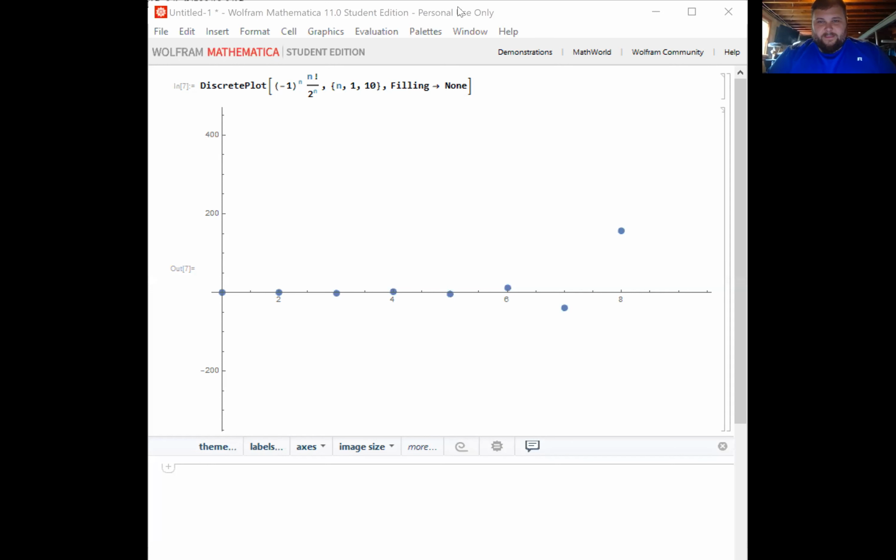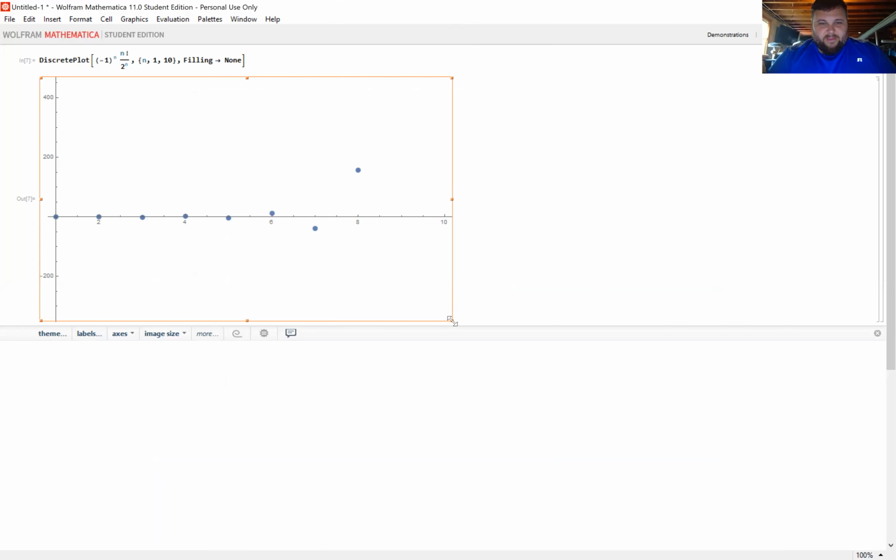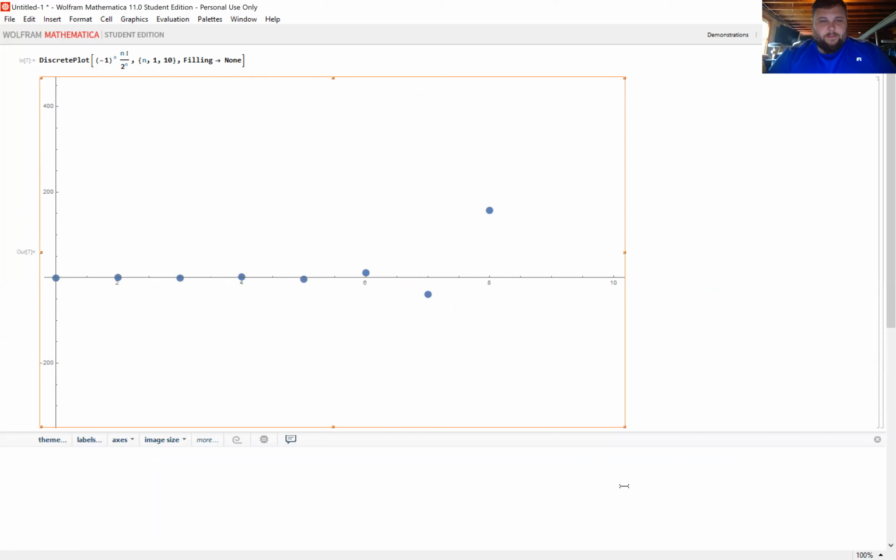All right, so hopefully you guys can see my Mathematica page now. So I went ahead and plotted this in here as well, because it automatically does the scale for me. So now you can see that the first, say, 6 points are okay. By the time you get to 7, looks like you're already at, let's see, -50.